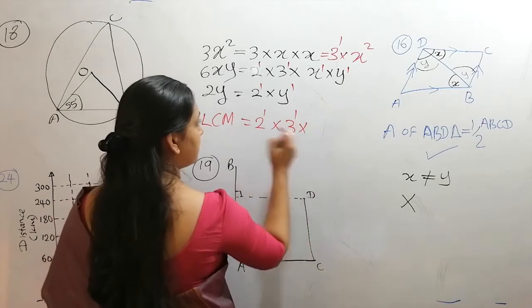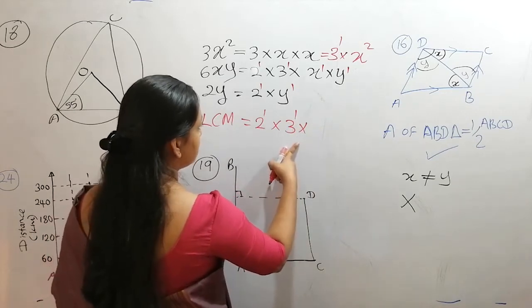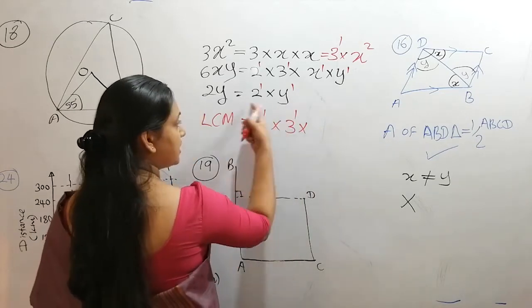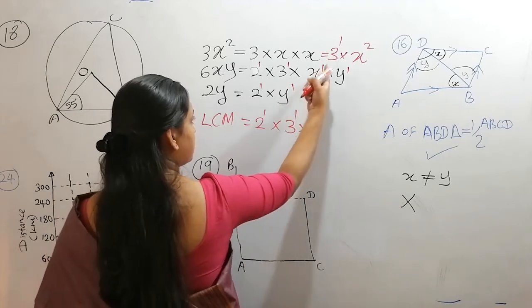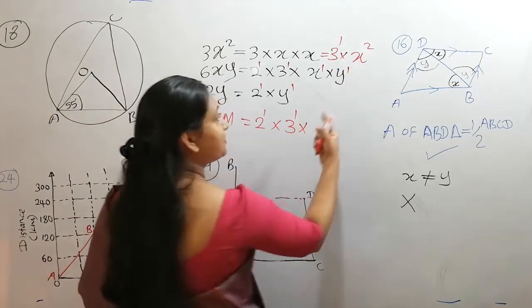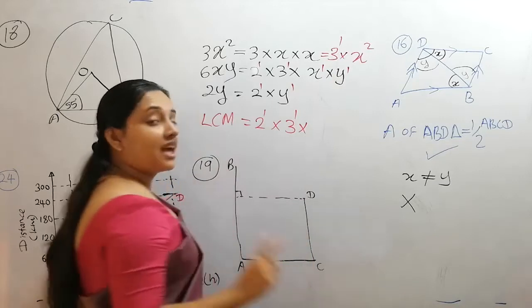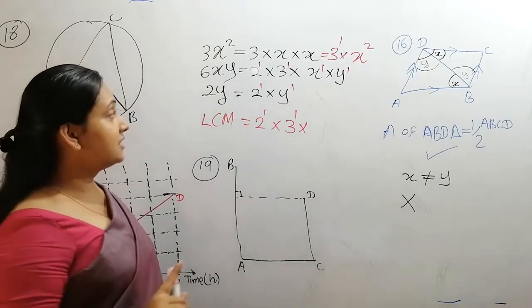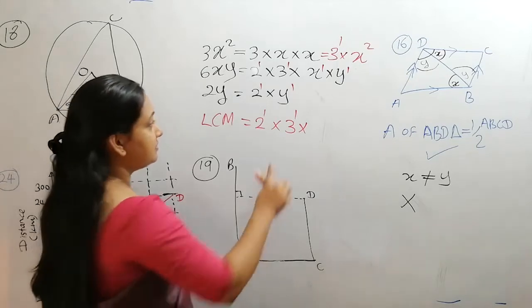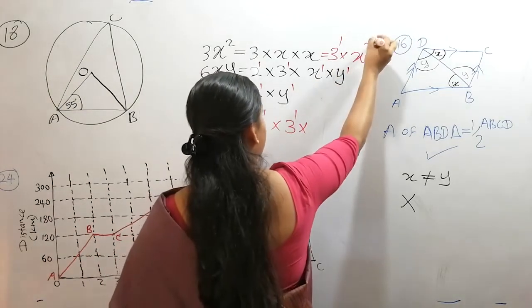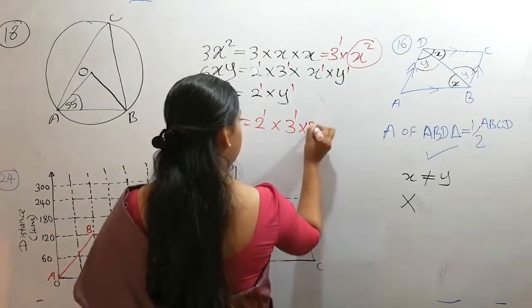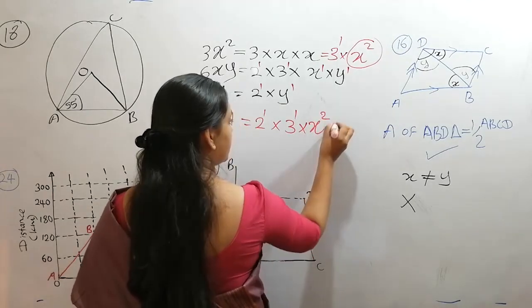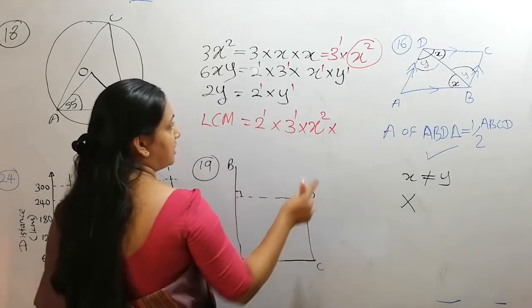And then x terms. Look at here, there are no x terms. But here x to the power 1, here x to the power 2. We have to take only the highest index of the given factor. Then here we select only this one. Here x to the power 2 into the y terms.